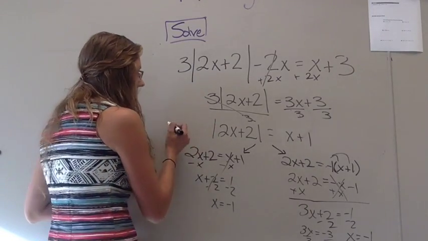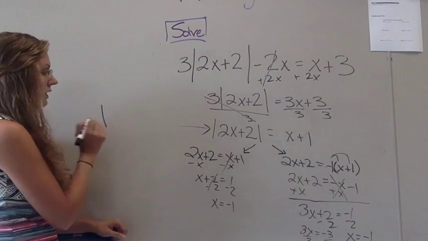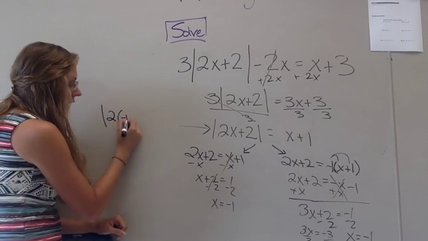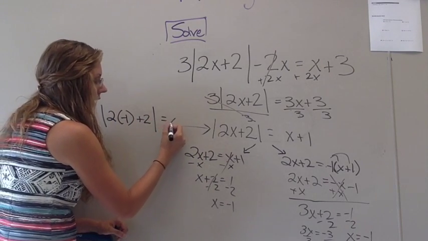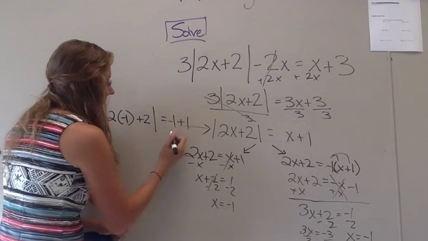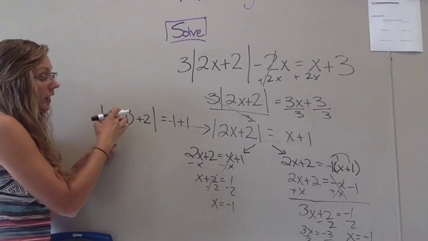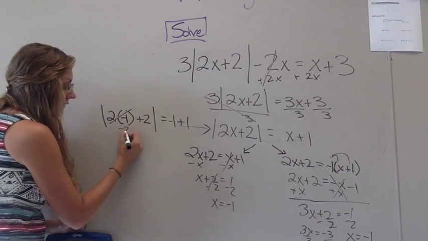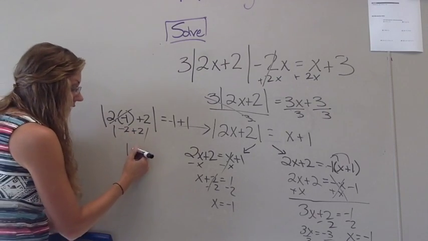Let's go here. Okay, I'm going to check my -1. So I have absolute value, you can see that there, of 2 times, not x anymore, we're going to plug in our -1, should equal x plus 1. Oops, I'm not putting in x, I'm putting in a -1. So solving this down, 2 times -1 is a -2 plus 2, still in our bars. -2 plus 2 is 0.